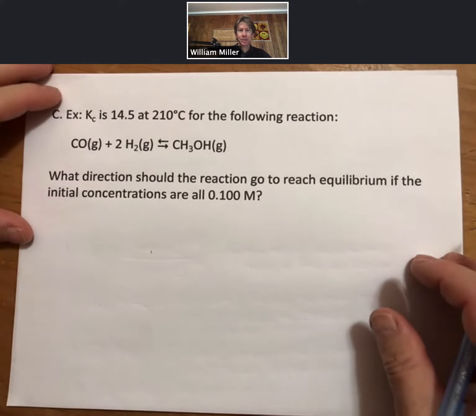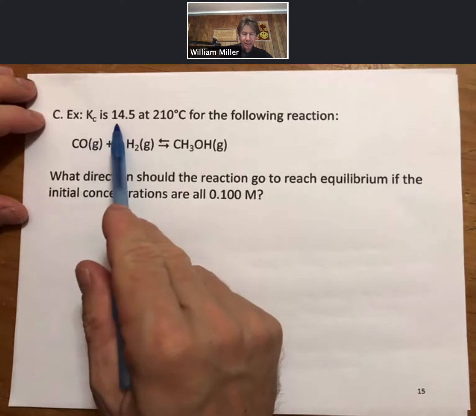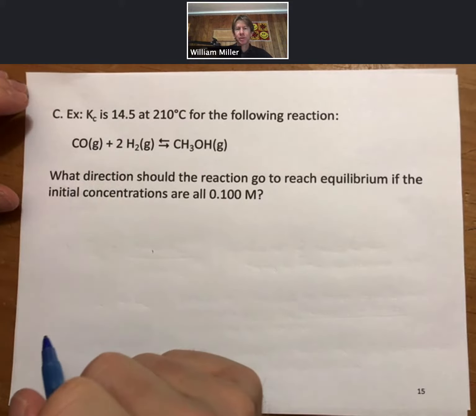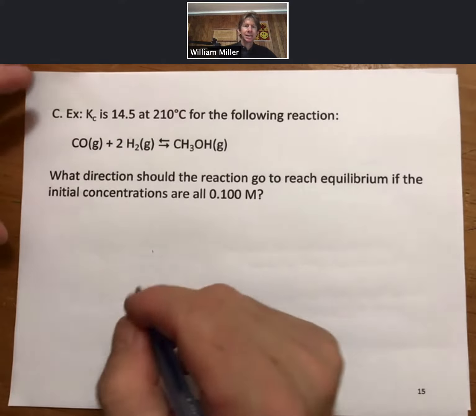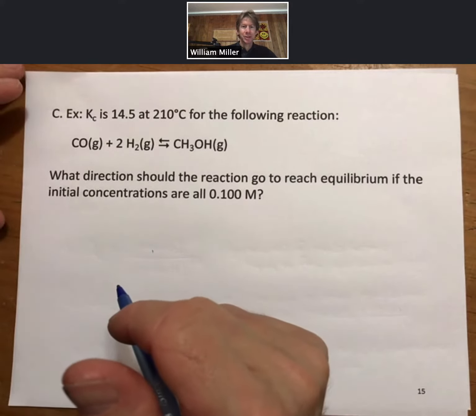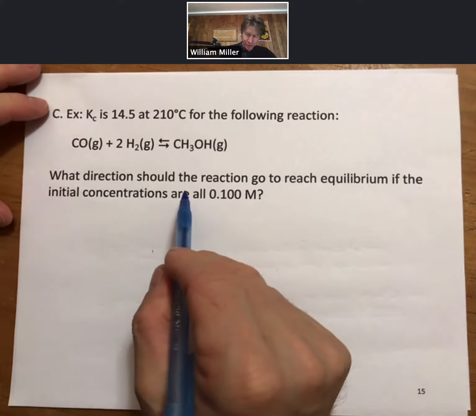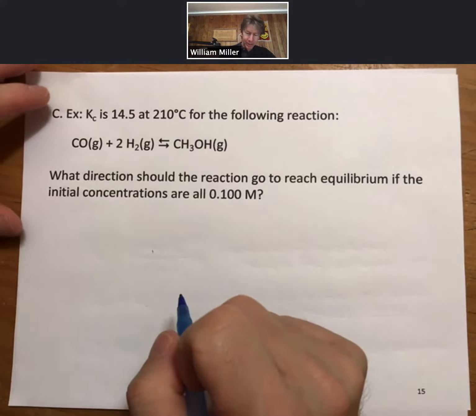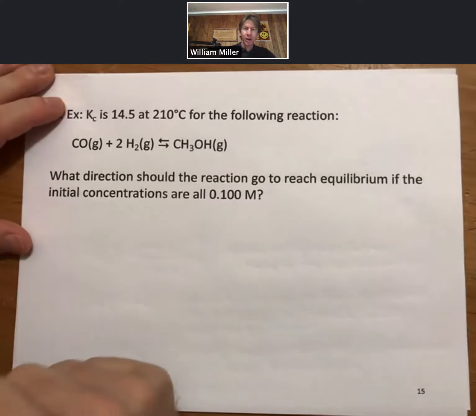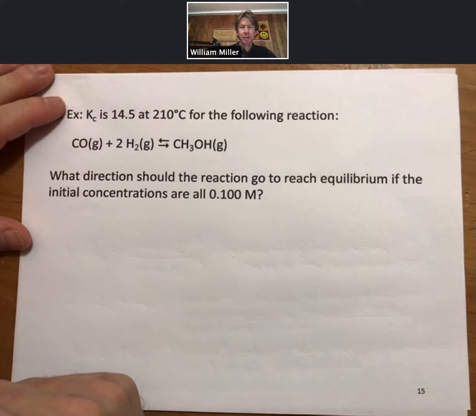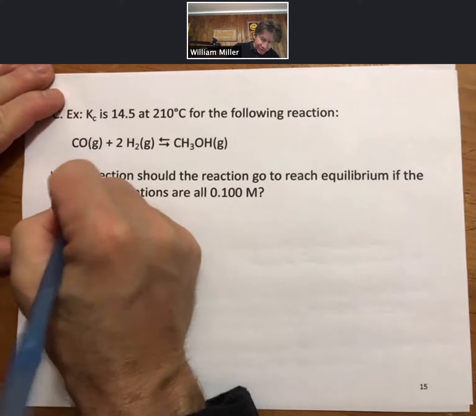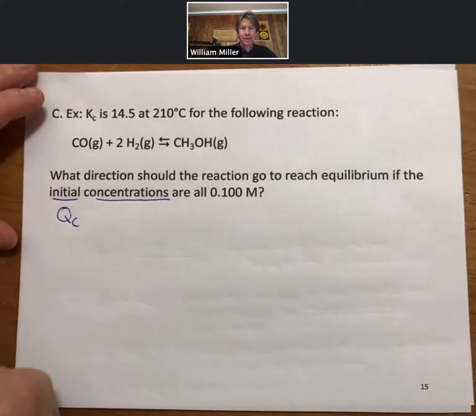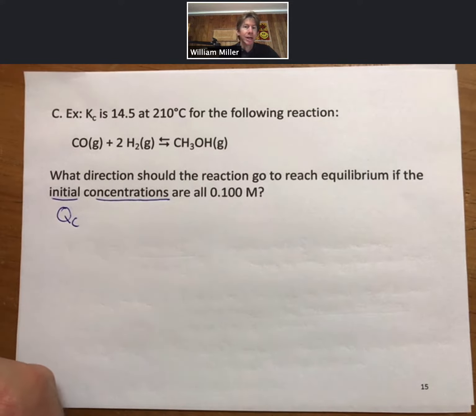Here's an example. Typical. Kc is 14.5 at 210 degrees Celsius for the following reaction. Carbon monoxide. This is a very familiar one. So what direction should the reaction go to reach equilibrium if the initial concentrations are all 0.100 molar? So again, we have initial concentrations, and we are not sure if we're at equilibrium or not.